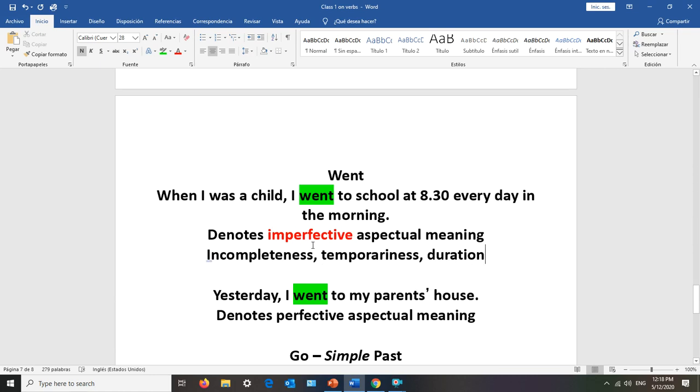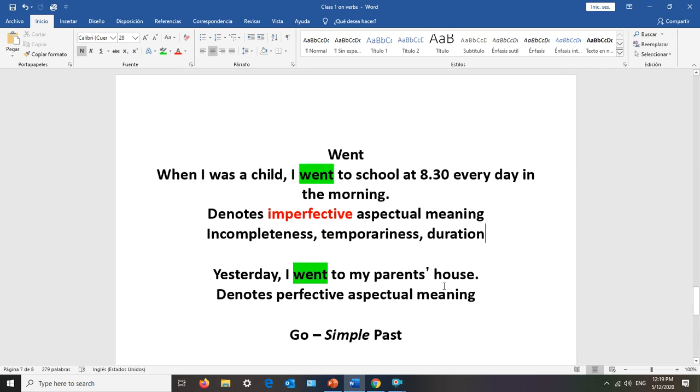The imperfective aspectual meaning may be denoted even by a simple form, simple in terms of grammatical or morphological aspect, such as went. In contrast, the went in the sentence yesterday I went to my parents' house is presenting a situation that is perfective in terms of its aspectual meaning.